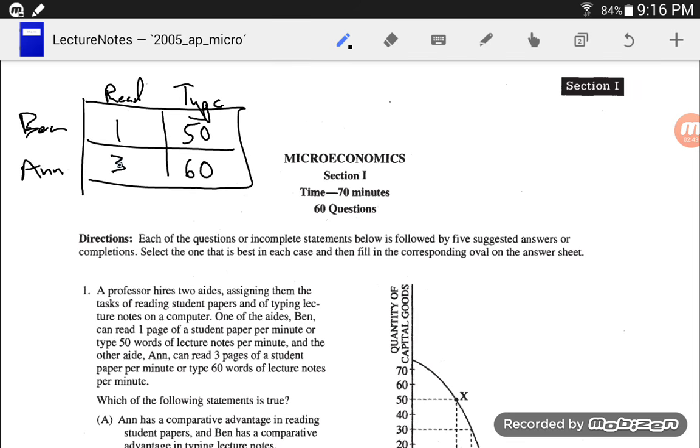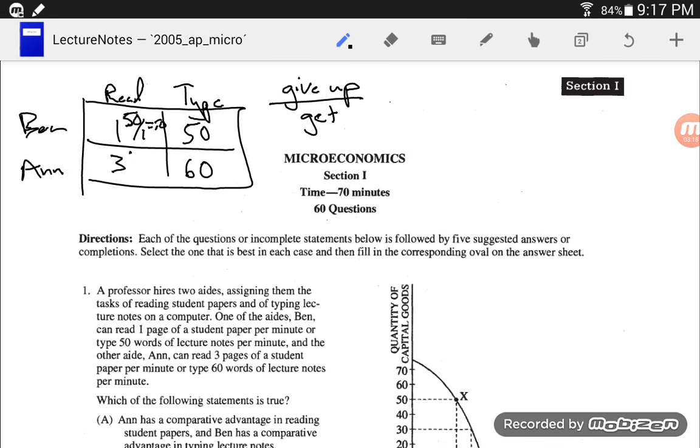So Anne clearly has the absolute advantage in both things. But the real question, of course, is who has a comparative advantage. And that is simply what you give up divided by what you get. So Ben's opportunity cost to read is to give up 50 divided by 1, which equals 50.